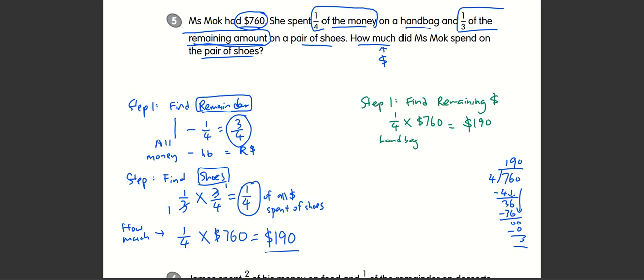The remaining amount is 760 minus $190. That gives me $570. So $570 is the remaining amount here. I go to find the shoe.